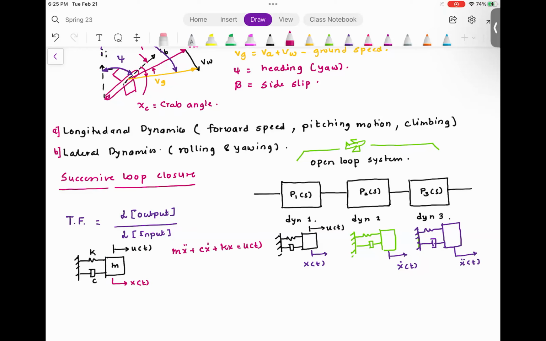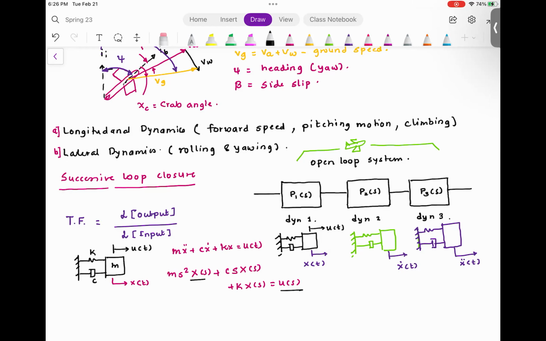Now, this equation I need to convert into transfer function form, or I need to take the Laplace transform. When I take the Laplace transform, it becomes m s square X of s plus c s X of s plus k X of s is equal to U of s. Are you with me so far? My output is X of s. My input is U of s.